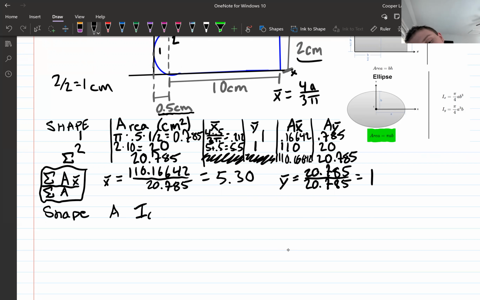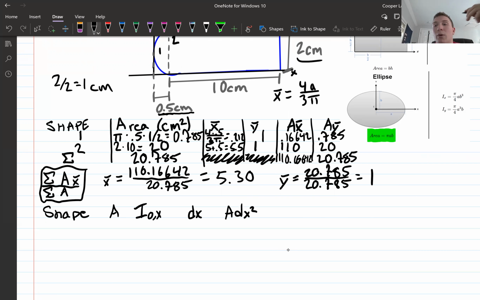Based around the actual origin of the shape and the x direction, we're also going to get the distance our value is from where the centroid is. And then we're going to calculate out our a dx squared.